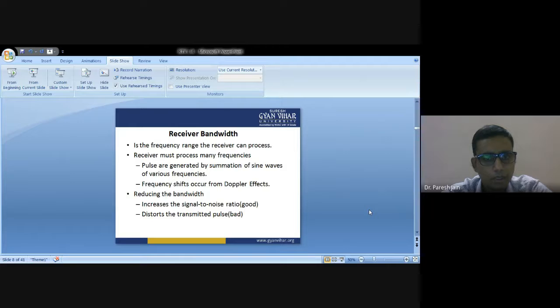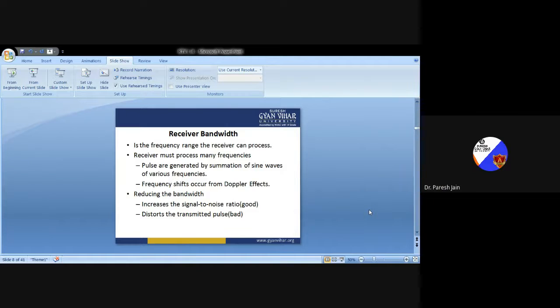Receiver bandwidth is the next, or third, factor that affects the receiver performance. It is the frequency range the receiver can process. The receiver must process many frequencies. Pulses are generated by the summation of sine waves of various frequencies.